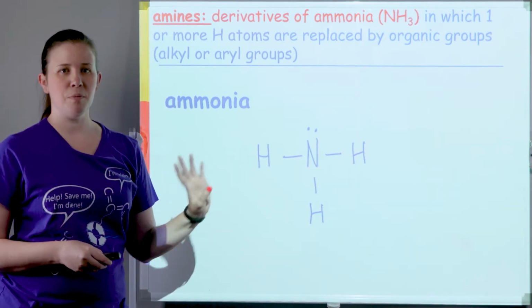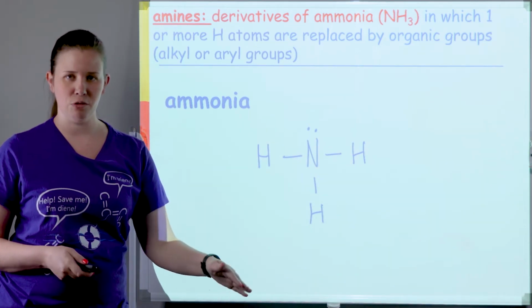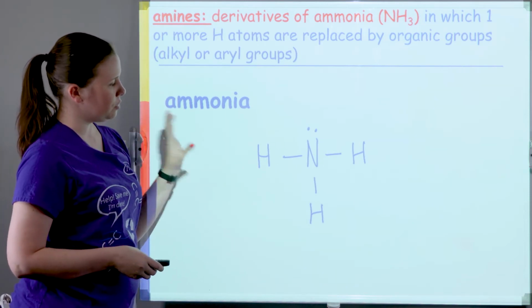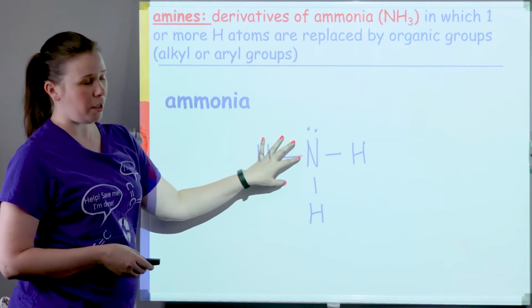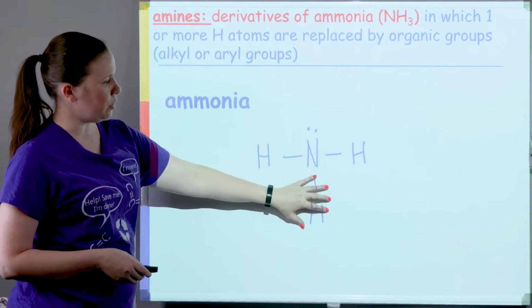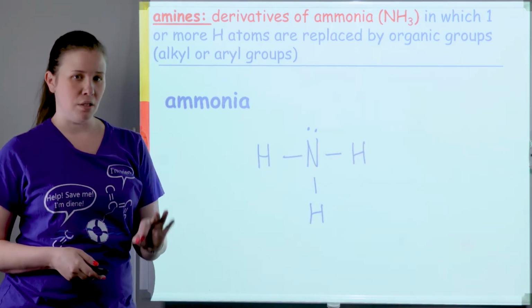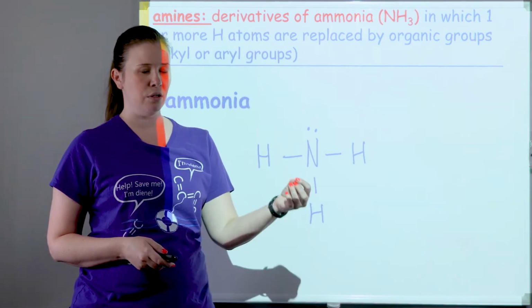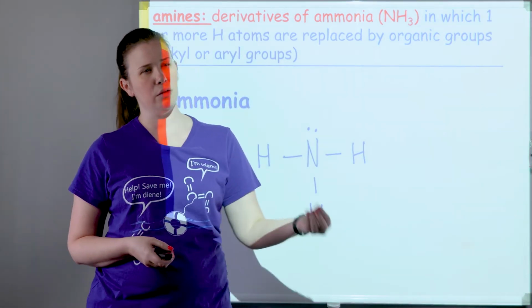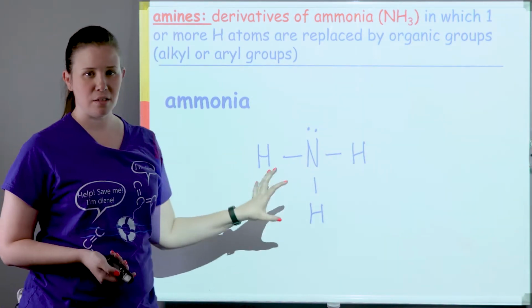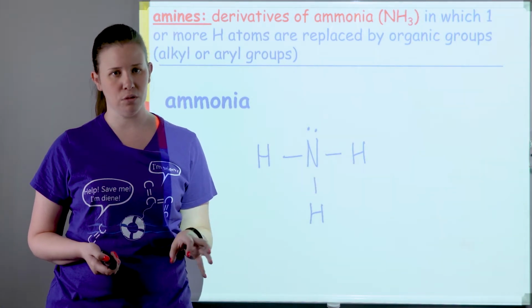The reason I bring this up is not to rehatch nightmares from writing electron configurations, but to tell you that there is a reason why we are only going to be using bonds in sets of 3 for the nitrogen. Meaning that if I want to add another group, I'm going to have to remove a hydrogen. That's going to be the mechanism of how this set of derivatives work.